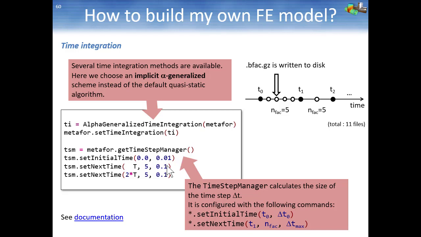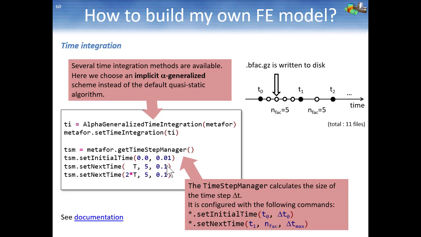The size of the time step will be very big when nothing happens. So if you have a rigid body motion, for example, the time step will increase, increase, increase. But if you have some contact, the forces that will be generated, you have seen that forces are generated from the contact, will be so stiff that the equilibrium will not be possible.